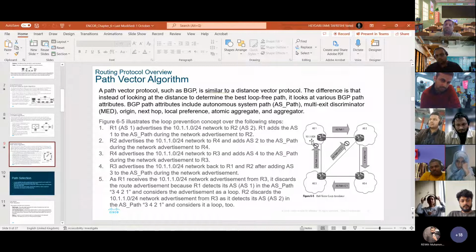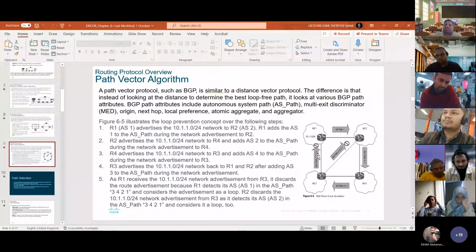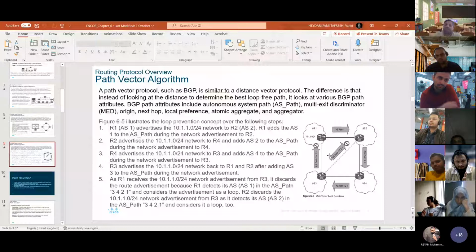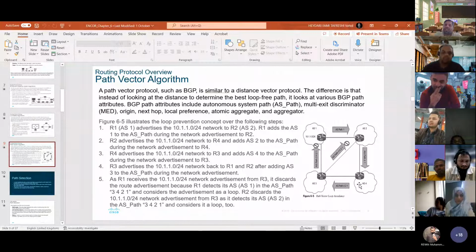I know where this network is. I don't need to install it. So these two BGP update messages will be rejected, will be discarded, while the others will be installed. In this way, AS3, AS4, and AS2 come to know where 10.1.1.0 is and how to get to it.